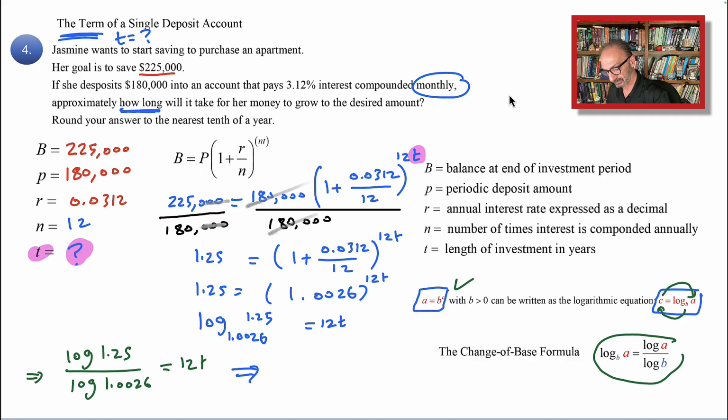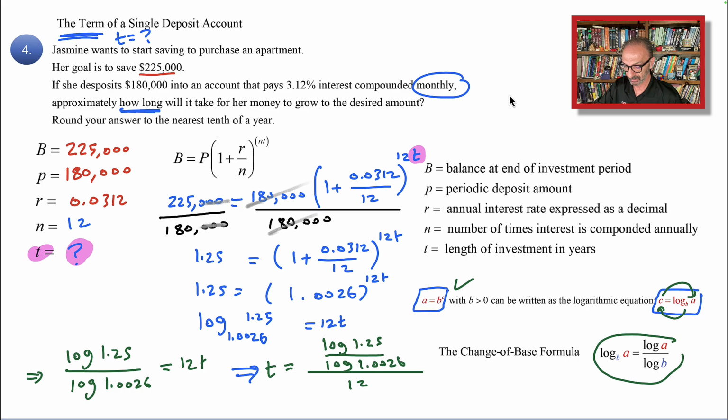T by itself equals log 1.25 over log 1.0026 all over 12.